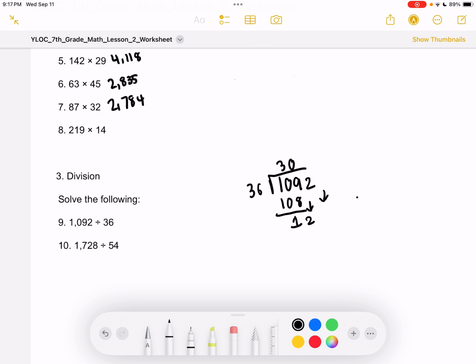Now we would drop a 0 and add a decimal point. 36 goes into 120 3 times. That'll give us a difference of 12. We will drop another 0. 36 goes into 120 3 times. And now we can see the answer will be repeating, so we can just round to 30.33.